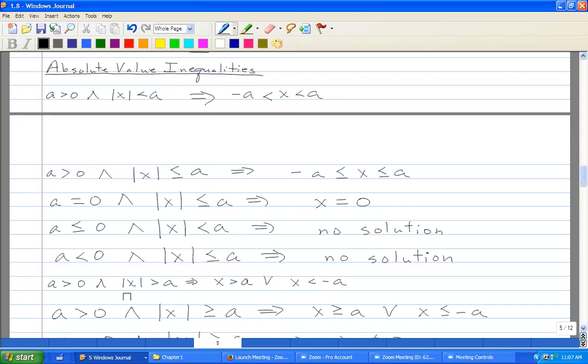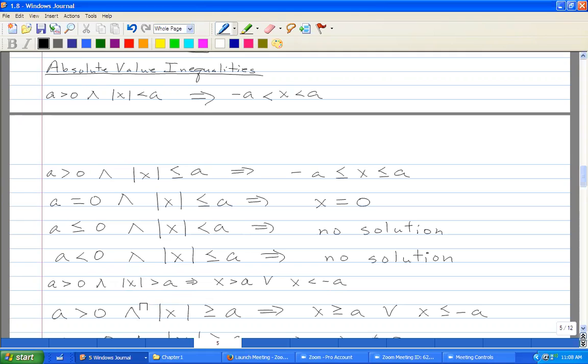If the absolute value of x is greater than a, where a here is positive, then either x is greater than a or x is less than negative a. The reason for that, I'll explain like what I did above. The absolute value of x is either equal to x or negative x. So either x is greater than a or negative x is greater than a.